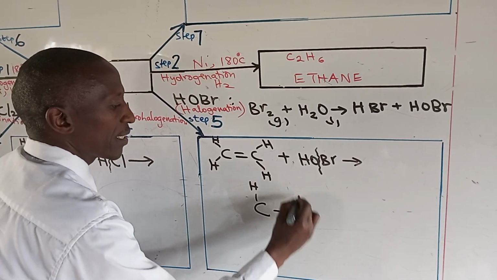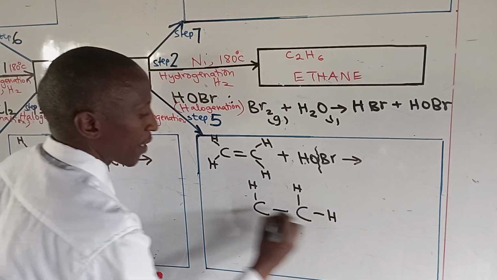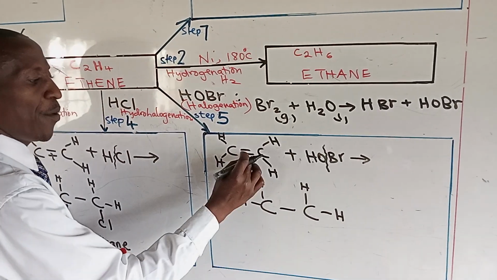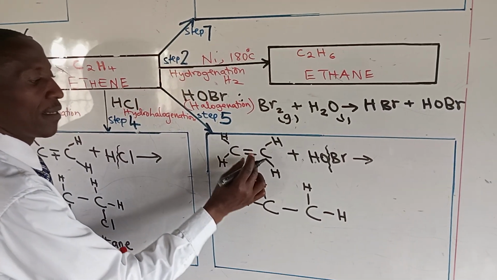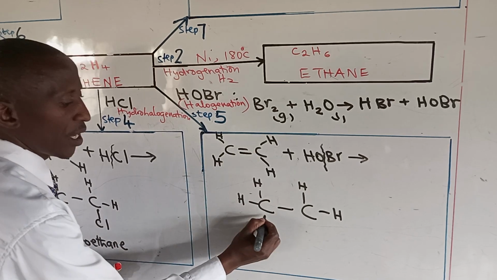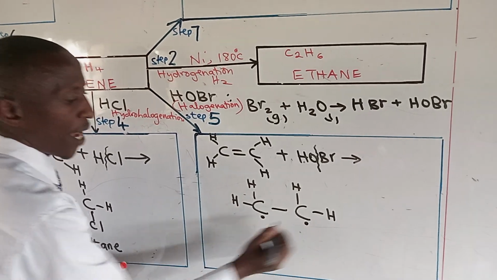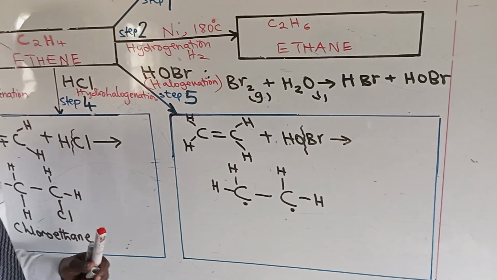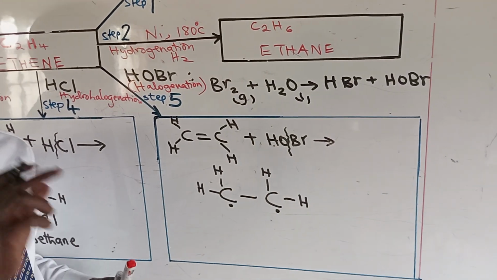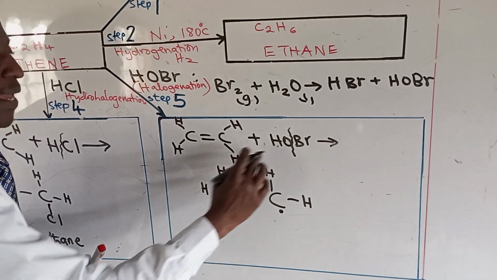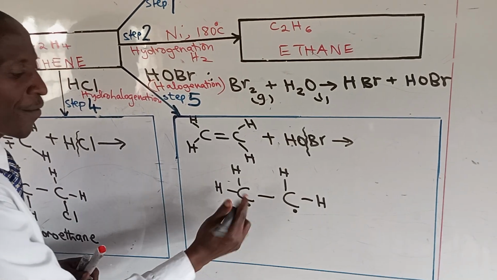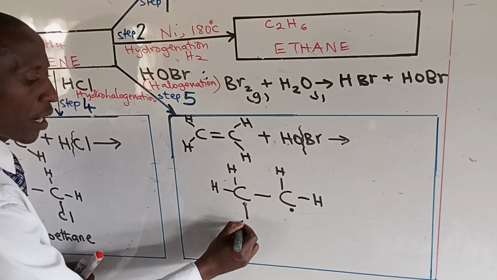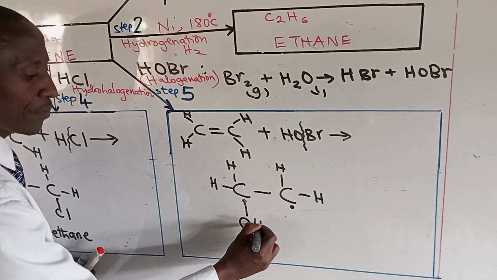Then the 4 hydrogens that were previously there are present. When the double bond breaks, these two electrons, each will be left at the carbon, and then these two will move. The OH will move as a radical and will attach itself on one of the carbon atoms.